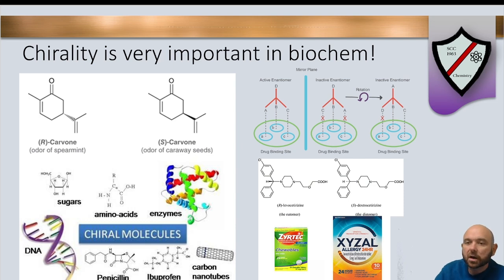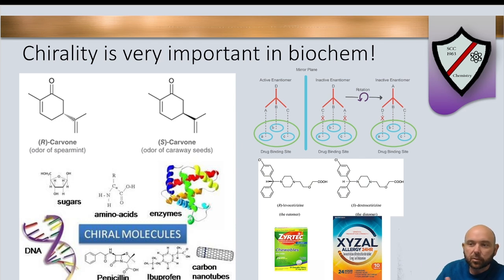And a lot of our biologically important molecules, sugars, amino acids, enzymes, etc., all have chiral arrangements and will act in our body in different ways if we don't get the correct chirality of a molecule.